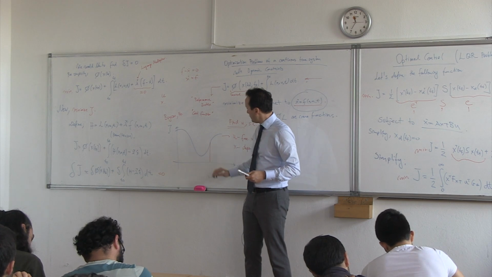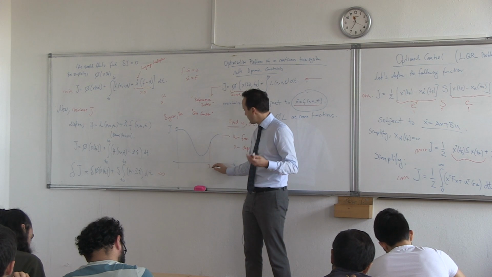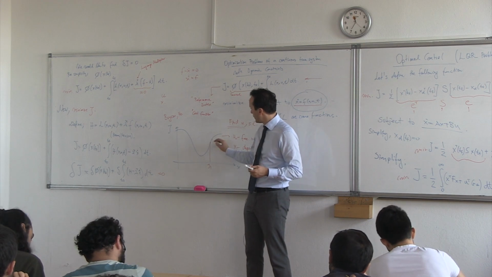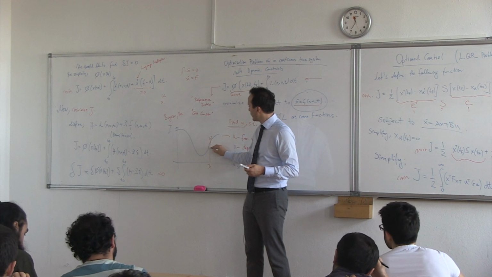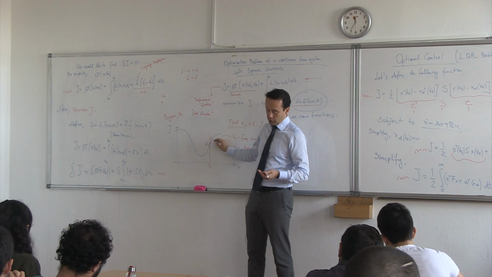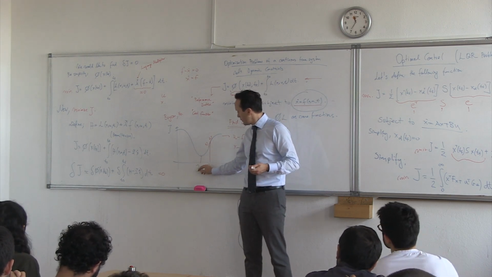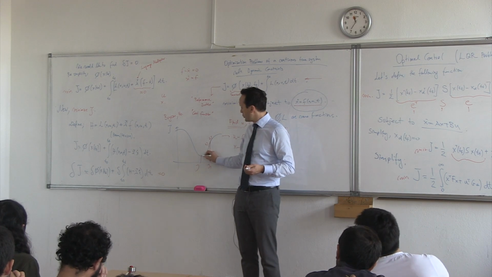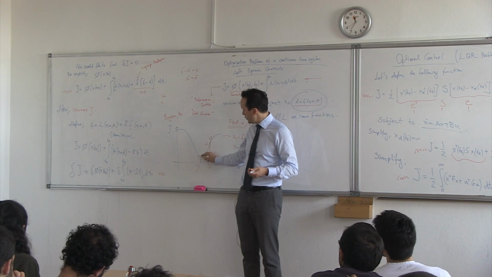If you choose one point over here, some j1, and take a small variation delta j on each side, you will see that the variation is large. But if you take that j over here and take a variation to this side and to this side, it will be rather small, and in the limit it will be exactly 0.